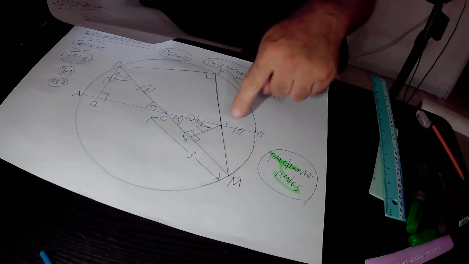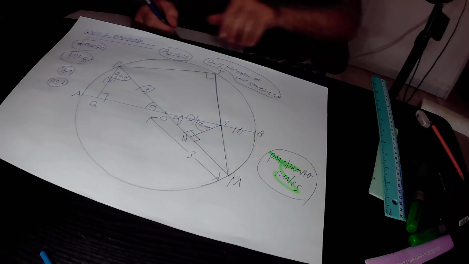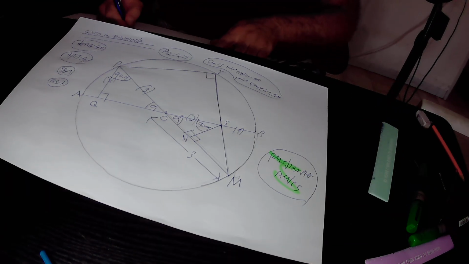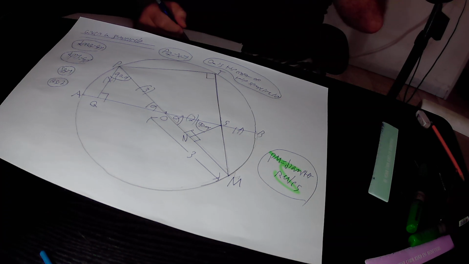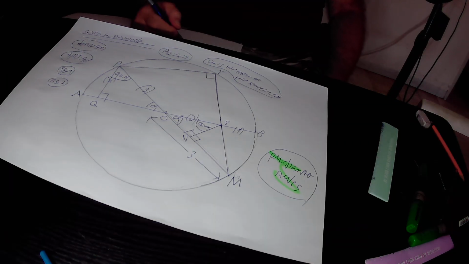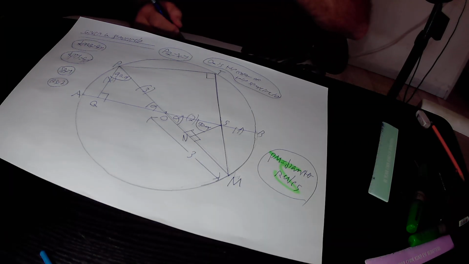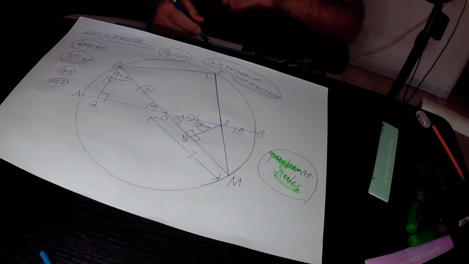SN is the missing side, so we leave it as it is, over PQ. PQ is the line segment that we are looking for in this question, and it is equal to x. We have to find out the value of x. So PQ equals x, and it is equal to OS.